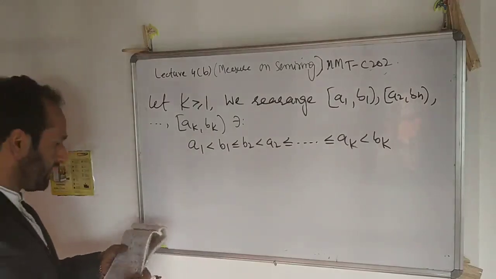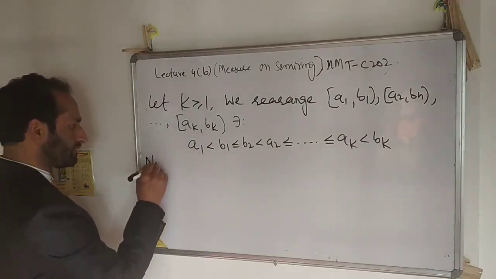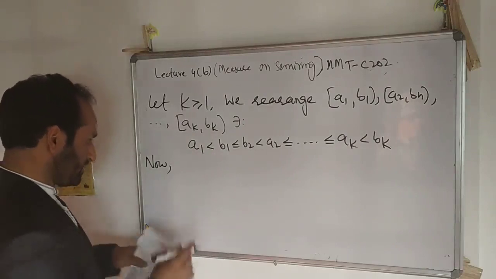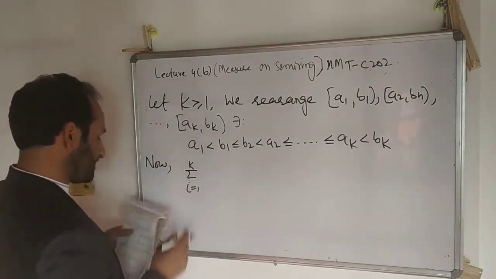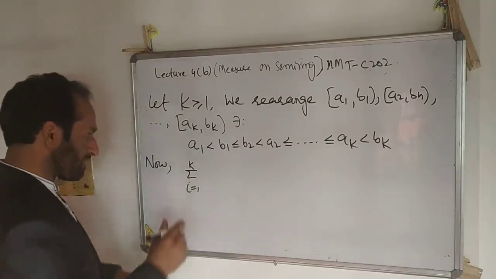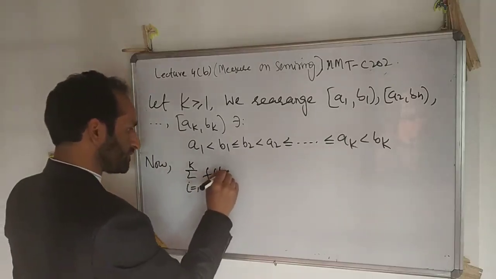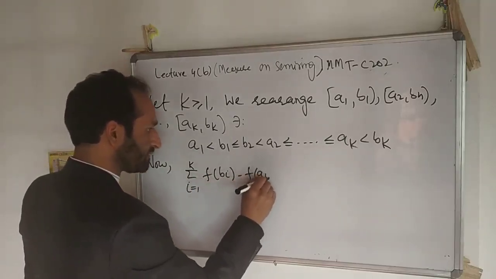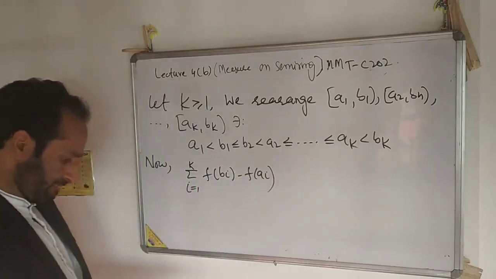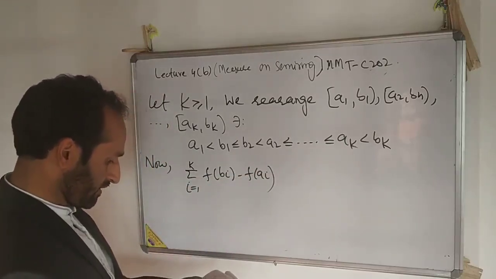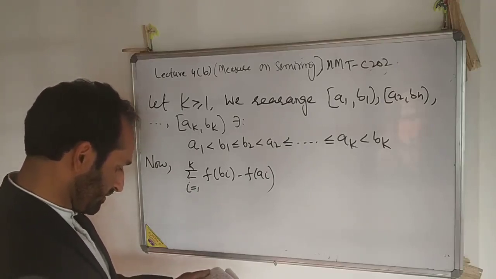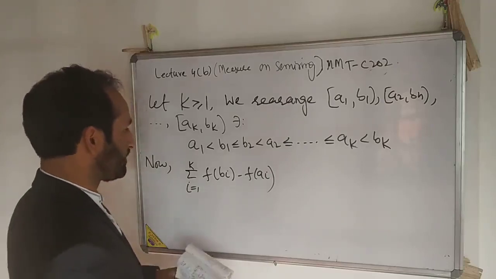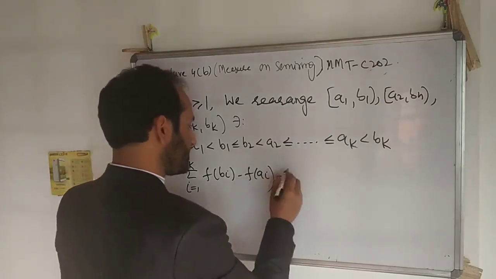Then we have this summation, i runs from 1 to k, where k is any positive integer, of f of bi minus f of ai. We first expand this sum.